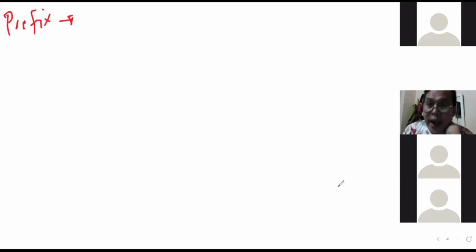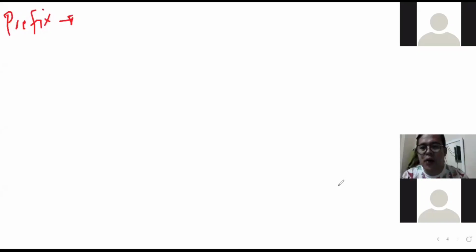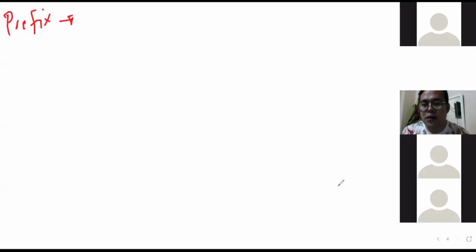Re. Good. You put the prefix on a word, for example, search. What word will you arrive at when you connect re to the word search? Research.